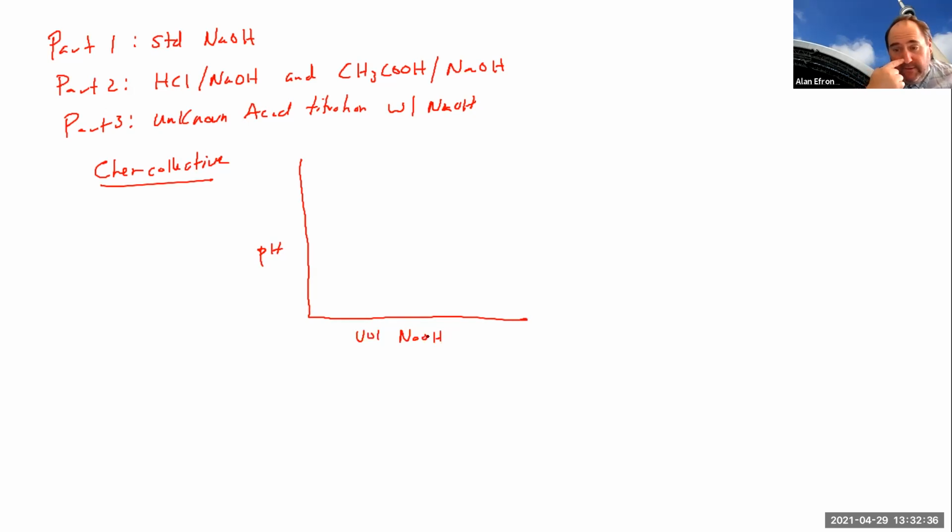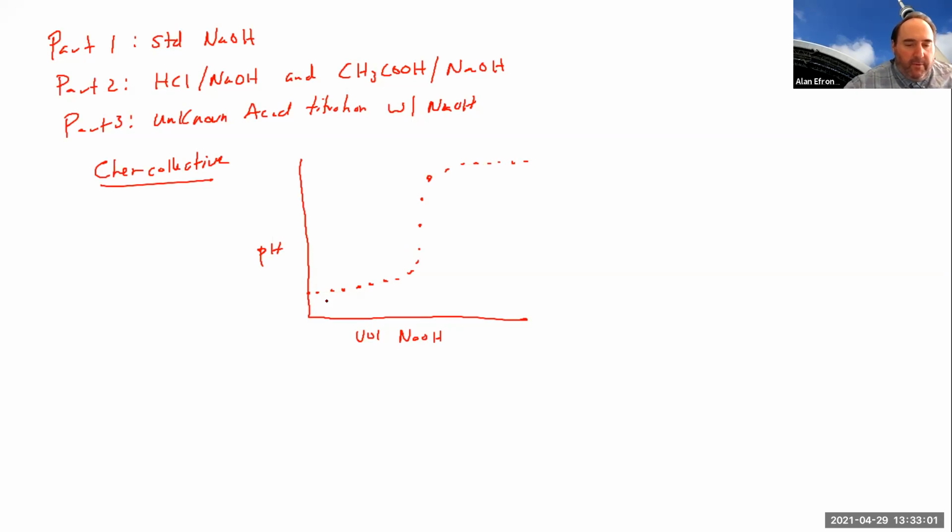a lot of volume at once, because the goal is to collect a lot of points along the way. And usually the more points you have, the nicer your curve's going to look.